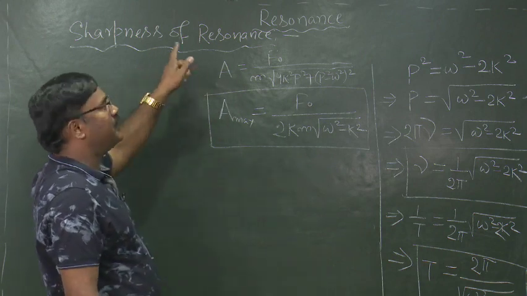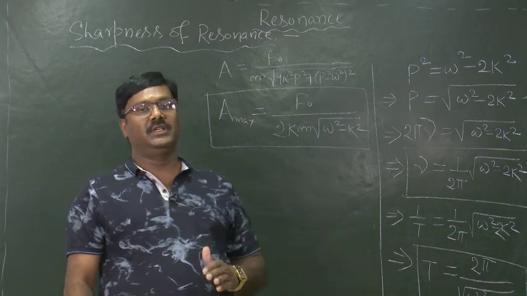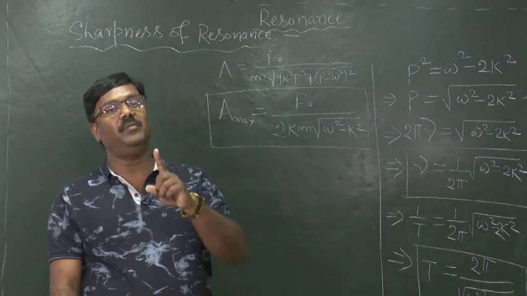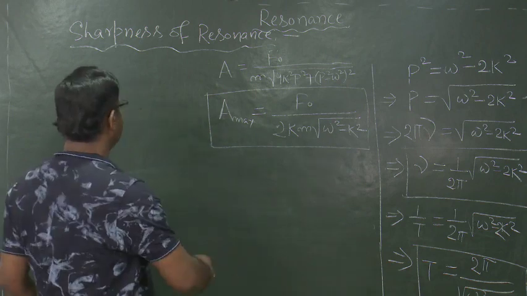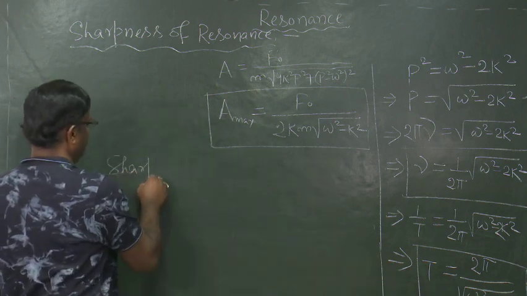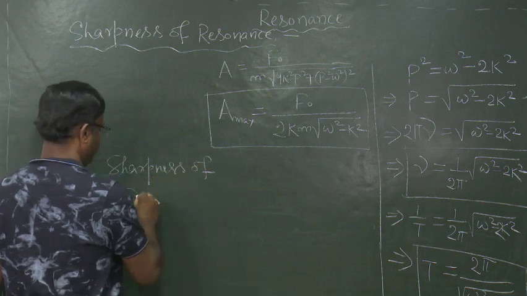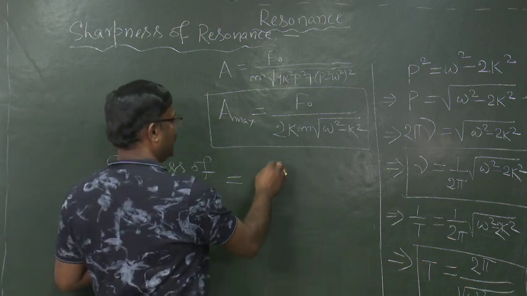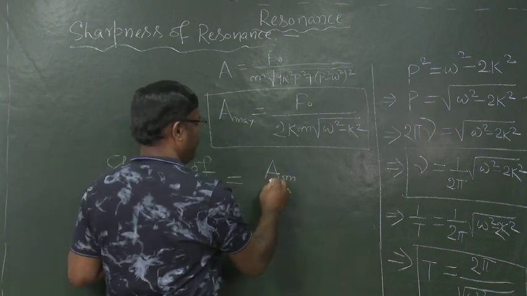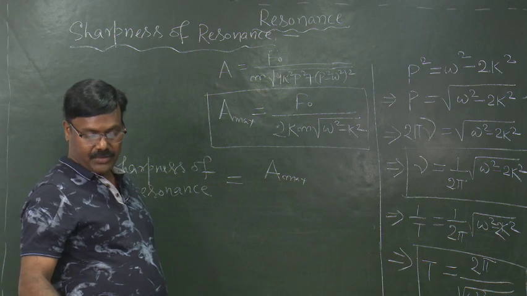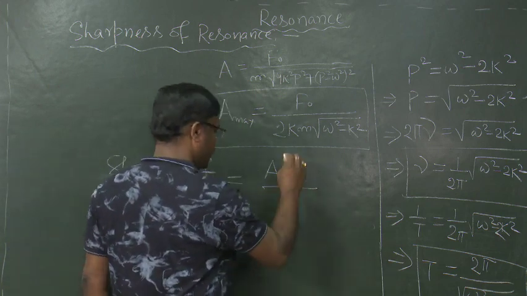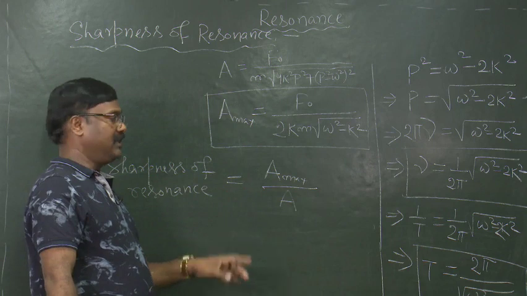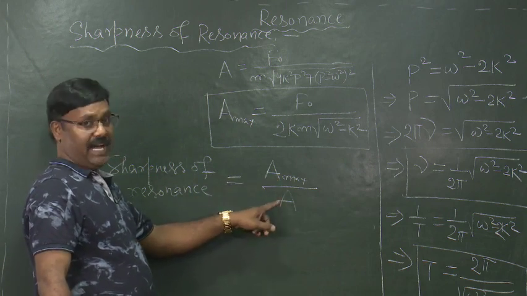To know the sharpness of resonance, we have to know the amplitude and the amplitude of resonance, that means the maximum amplitude, because sharpness of resonance is nothing but the ratio of A max, that is amplitude maximum, divided by the amplitude of oscillation.